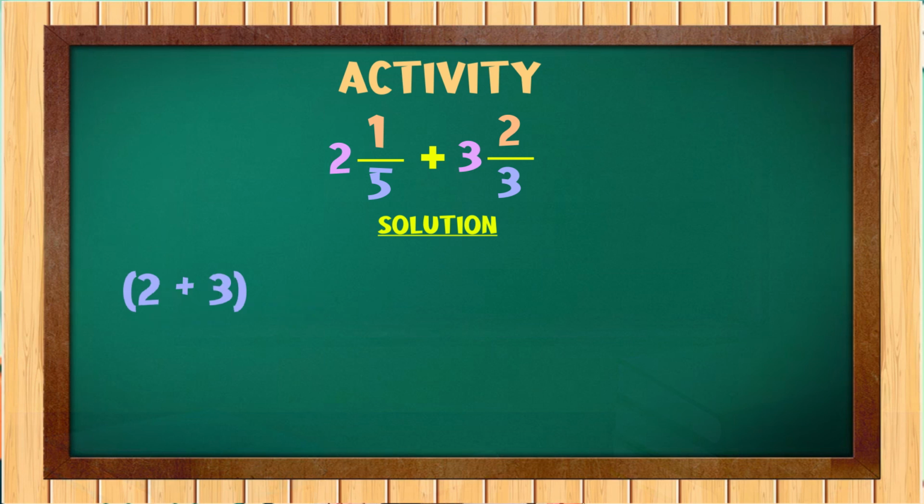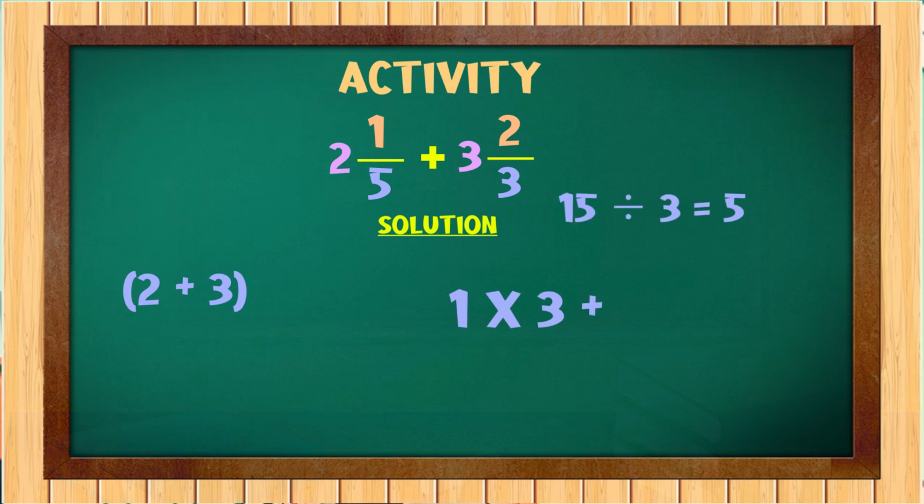2 plus 3. We divide our LCM by the denominators of the fraction. 5 into 15, 3. Then we multiply the answer by the numerator. 1 times 3.